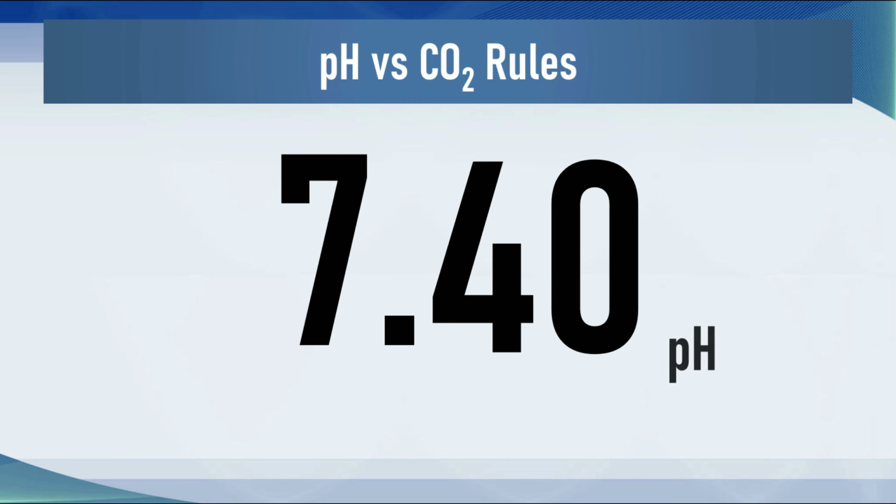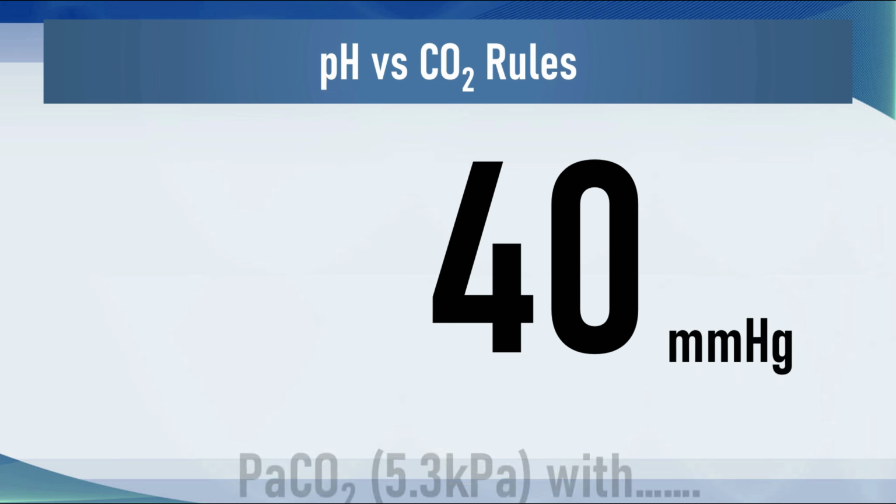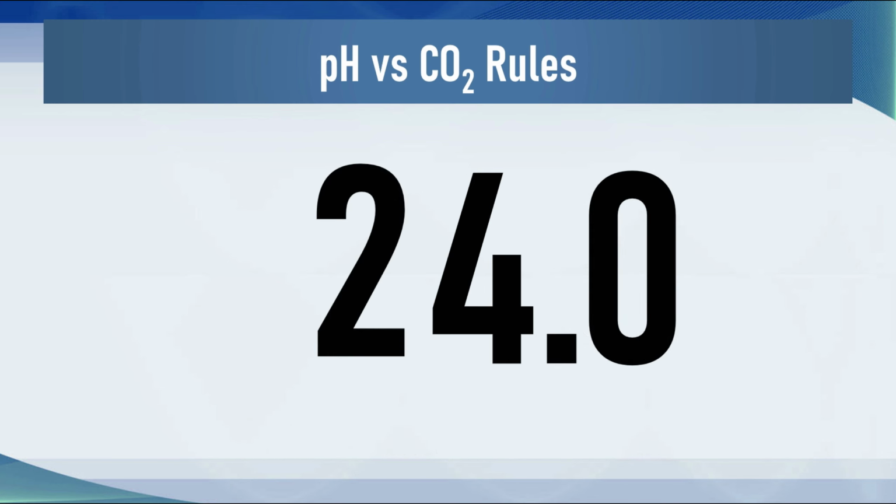At that pH, 7.4, 40 nanoequivalents per litre, the PaCO2 in millimeters of mercury is 40. That's the equivalent of 5.3 kilopascals. And at that CO2 tension, the bicarbonate concentration is 24 millimoles per litre.